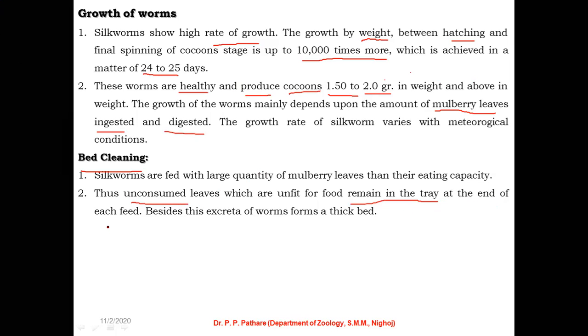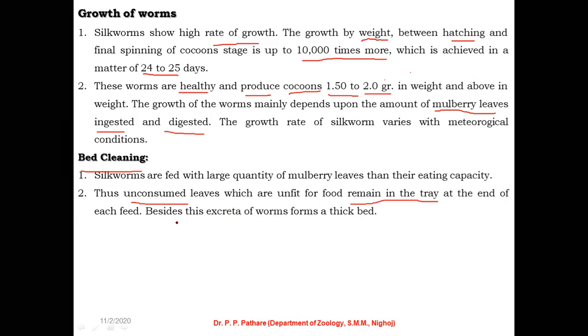The number of feeds depends on the age of the silkworm larva, so you may provide food three times. Each time you will observe some unconsumed leaves in your rearing tray, so it is necessary to clean out each time whatever unconsumed and unwanted food material is present in your rearing tray.